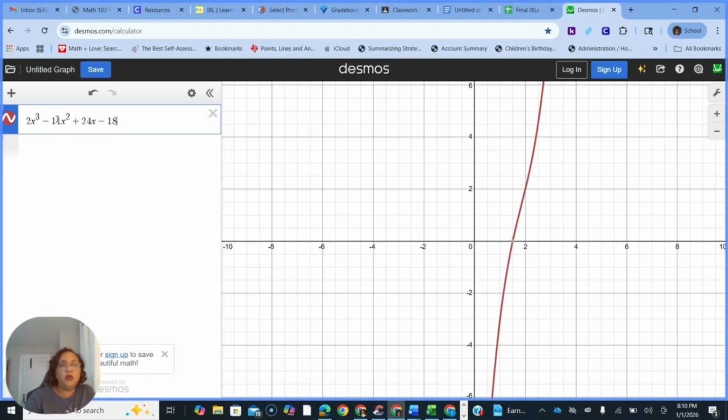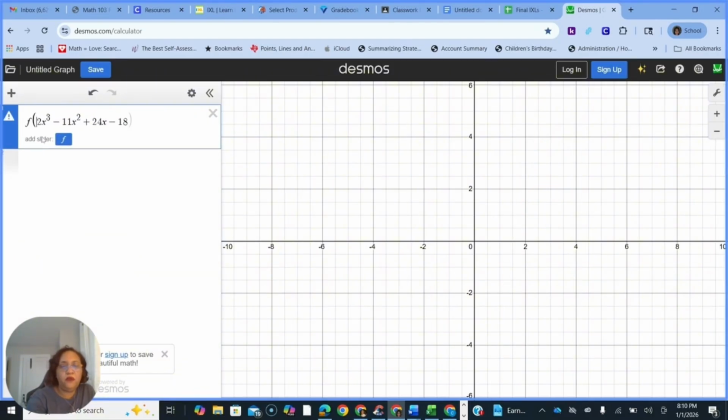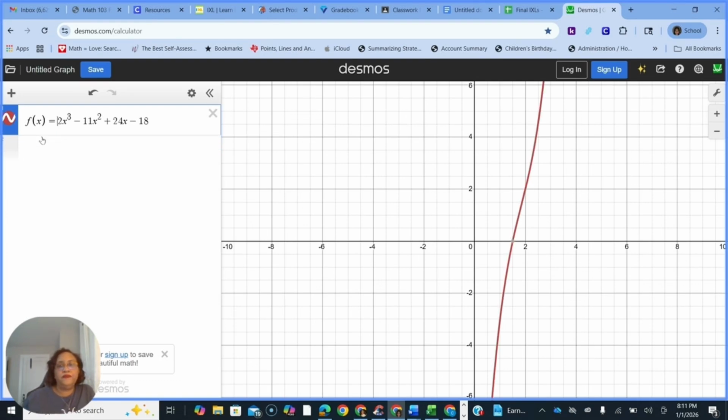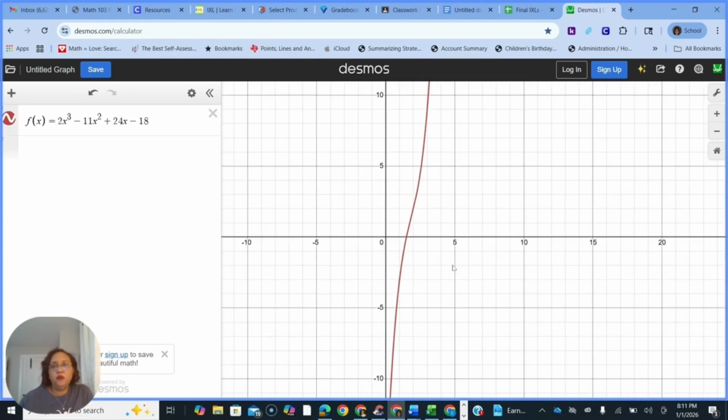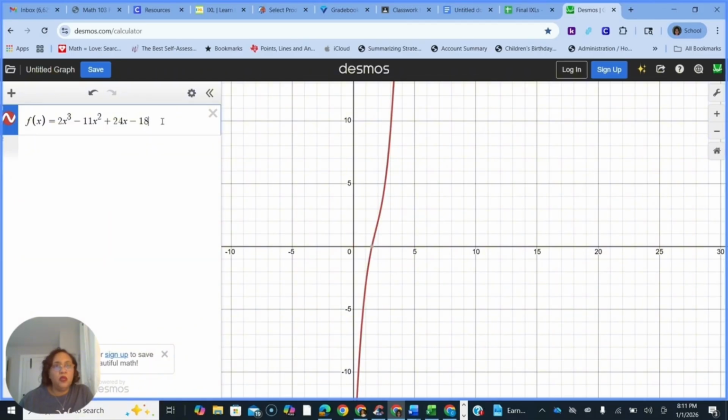Okay, it actually worked for once. F of x being equal to. So if I zoom out, the first one was as x approaches negative infinity, right? So as x approaches negative infinity, we're talking about going in this direction, right?